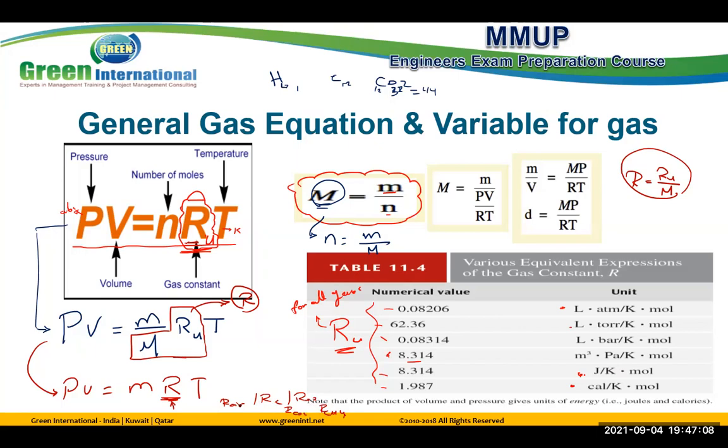Each R is different. But here, R for air is the same as R for CO2 and the same as R for CH4, whatever the type of gas, one value valid for all. When using the number of moles, we use PV equal nRT. But when using mass, we use this R, which is related to each gas. Is the difference between these two clear?